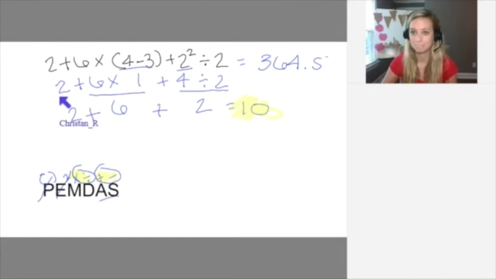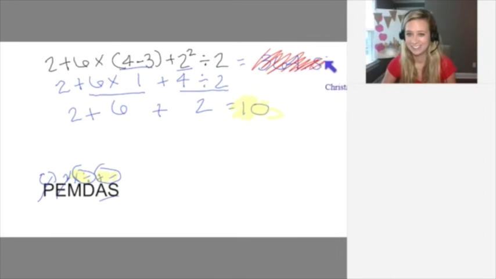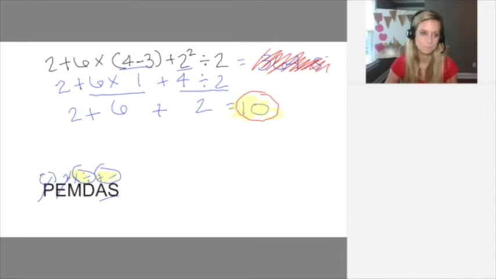That's a big number. There's a lot more math involved in getting to that number. And most importantly, that is for sure the incorrect answer. It's very different from 10. So again, important to follow your order of operations.